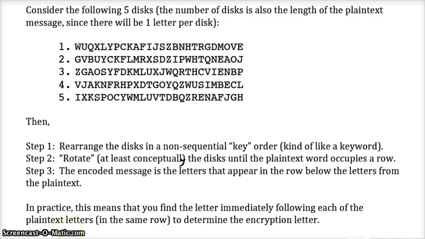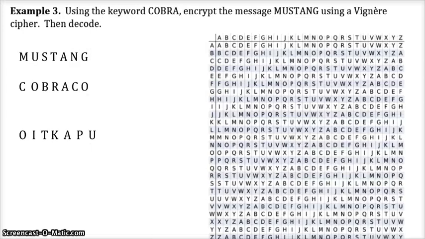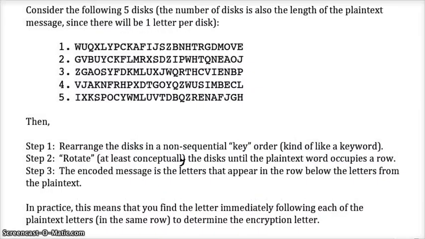And then the encoded message is the letters that appear in the row below the letters from the plain text. So if this was the one they were using, the encoded message is actually this. It would be found in these letters right here. That's the encoded message. And from that, once we know that, and we know the order of the disks, we'll be able to figure out what the original message was.